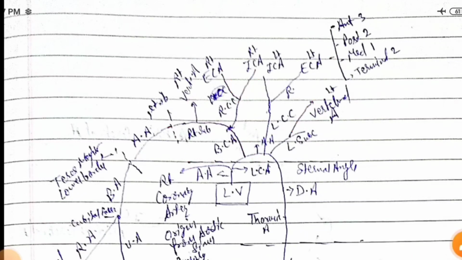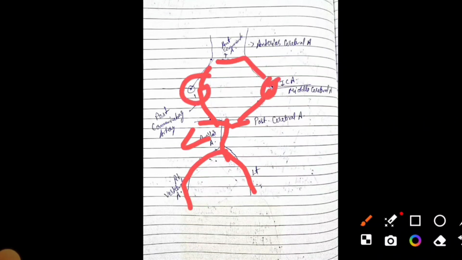Let's discuss in a second video the vertebral arteries. When the right and left vertebral arteries join together, they make the basilar artery, which gives two branches, the right and left posterior cerebral arteries, and makes a hexagonal diagram. These two circular branches are the internal carotid arteries, from which the middle cerebral artery arises, and these two upper ones are the anterior cerebral arteries.